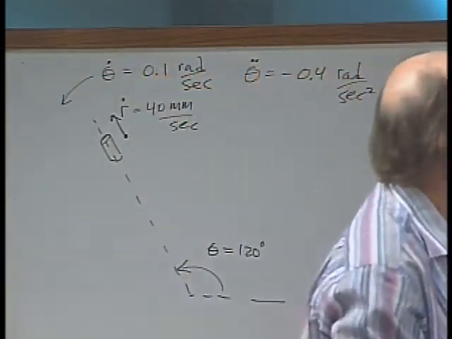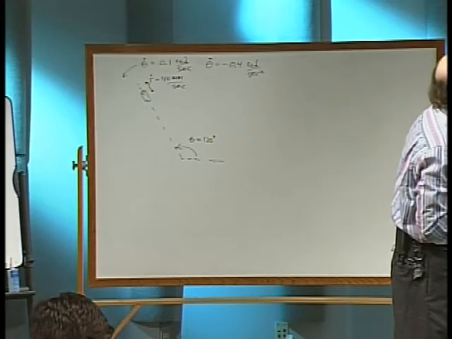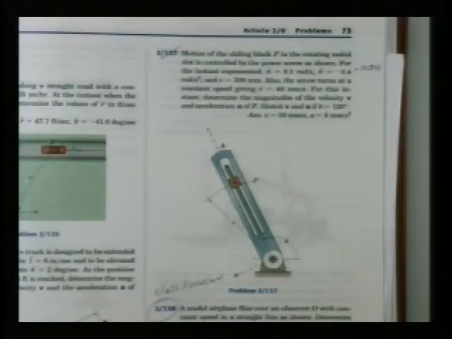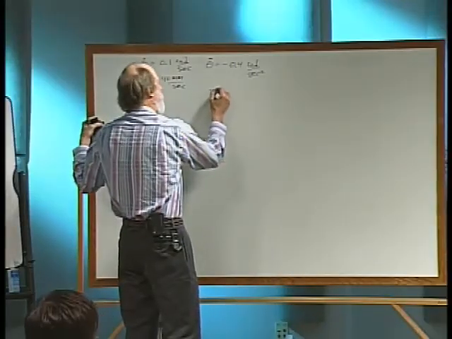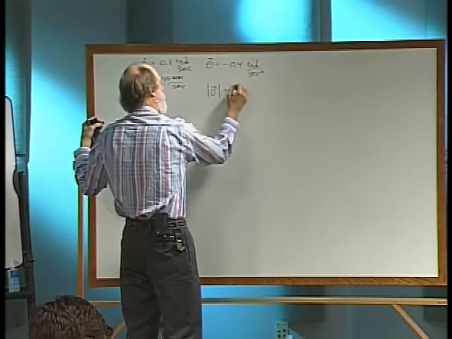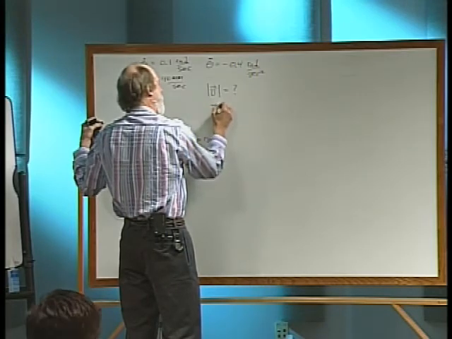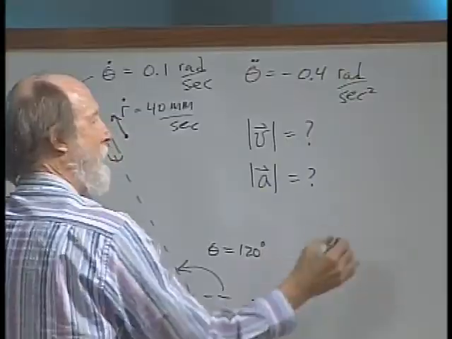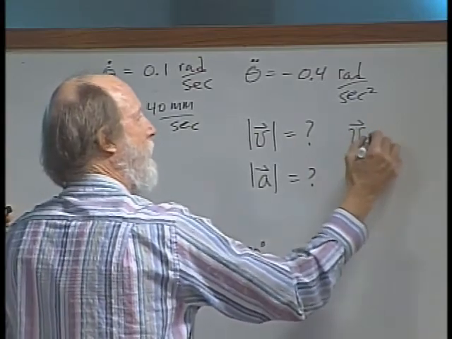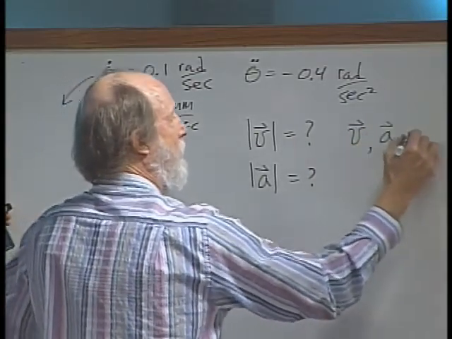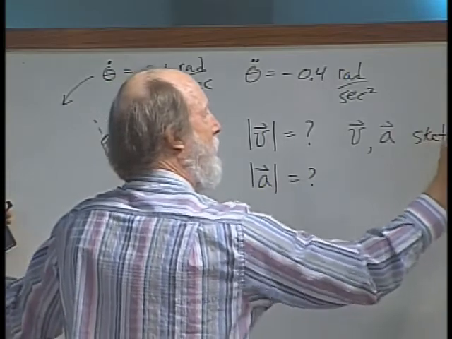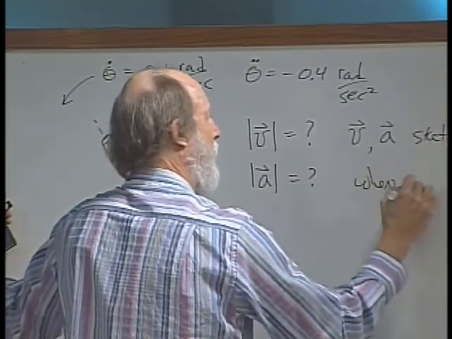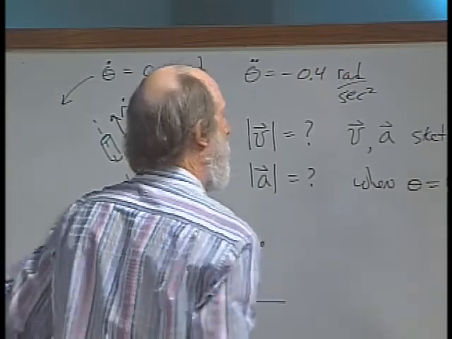The question was asking, for that instant, determine the magnitude of the velocity and the acceleration at point P, and then sketch the vectors when theta is 120 degrees. So we want the magnitude of the velocity, we want the magnitude of the acceleration, and we want the velocity vectors and the acceleration vectors sketched when theta is 120 degrees.